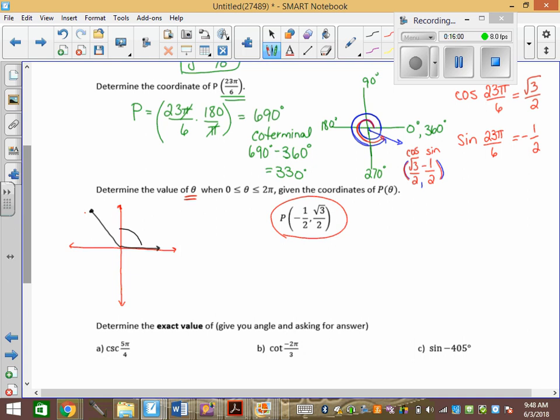And I'm trying to find theta between 0 and 2 pi. So it's in radians, I need to have radians. Now, this point here is at negative a half and root 3 over 2, which is actually a 60-degree reference angle. Or if you have your unit circle memorized and you can repeat it, you should just be able to get this answer. It's going to be 120.